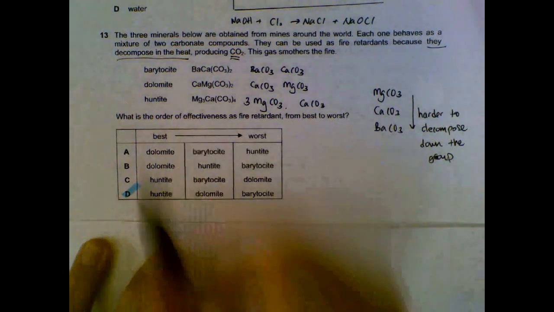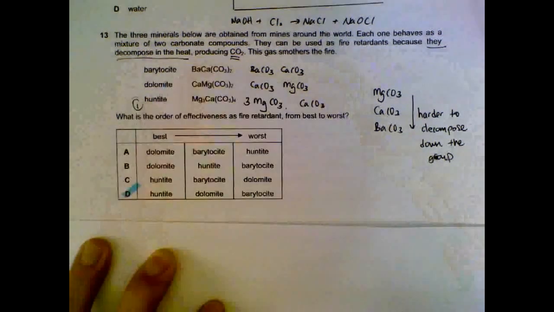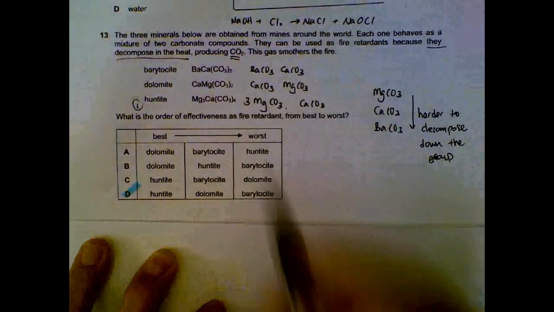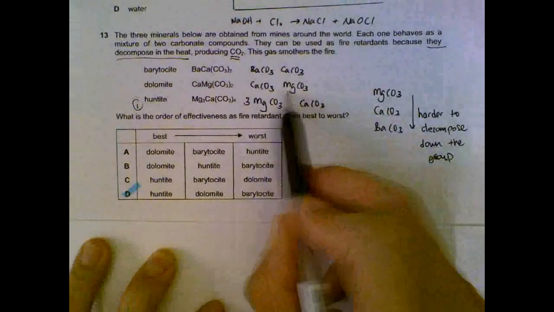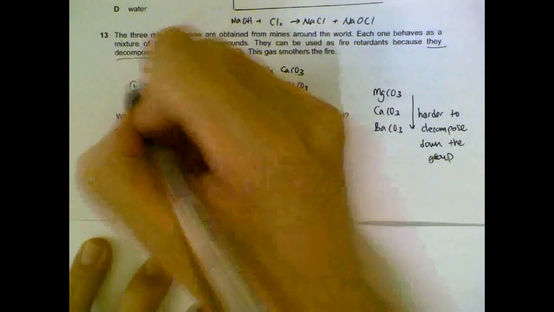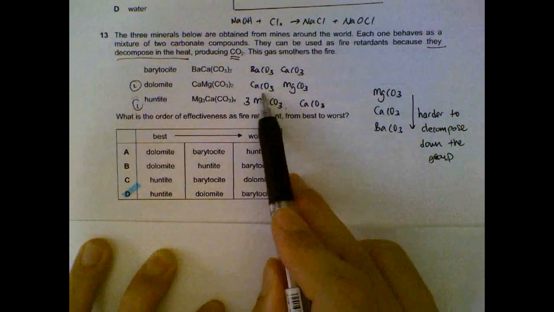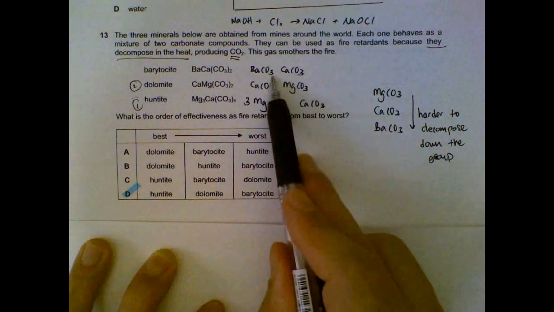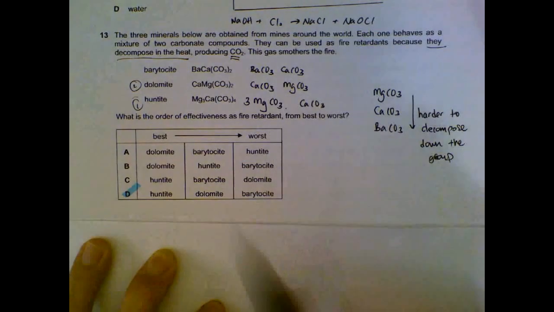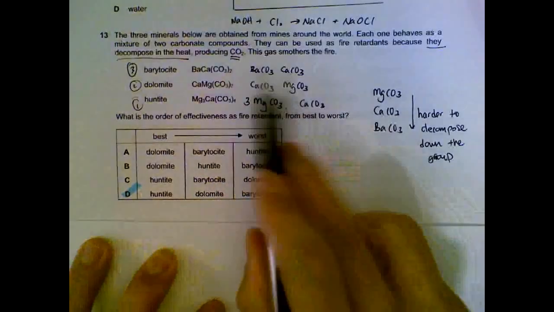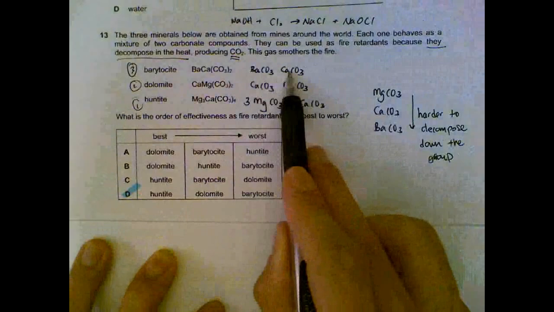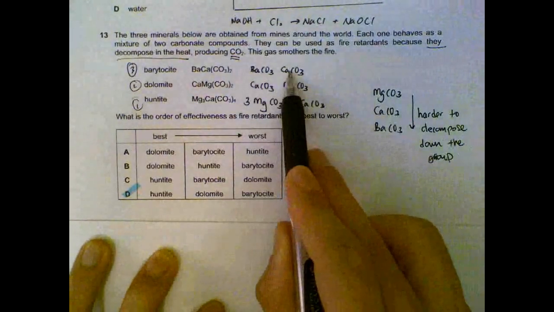So this third mineral will be the best. The second best will be the second mineral. It contains magnesium carbonate and calcium carbonate. The third most effective will be the first mineral, because it contains carbonates that do not decompose as easily as the magnesium carbonates.